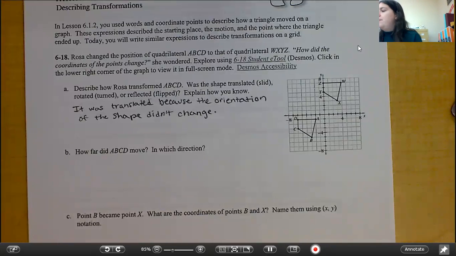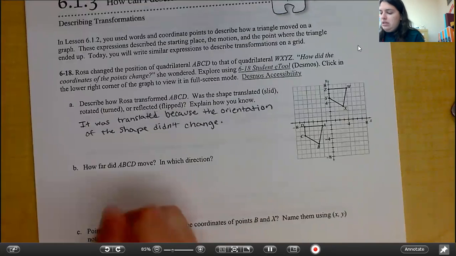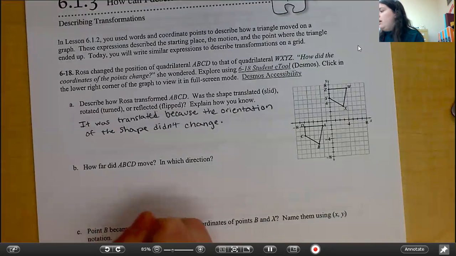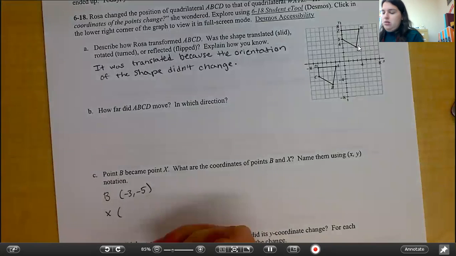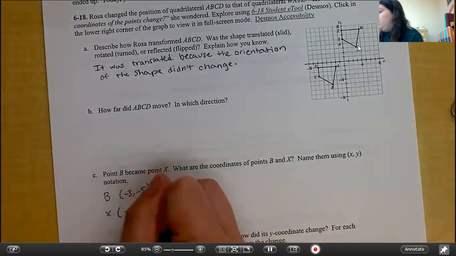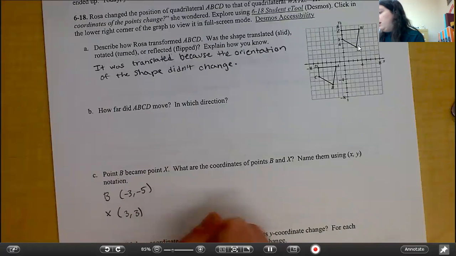Okay, if you're back with me, you've tried A, B, C, and D. Something I want to show you with D. Or actually, let's start back at C. C, hopefully your points were (-3, -5), and X was (3, 3). So down here, your X coordinate increased by 6.